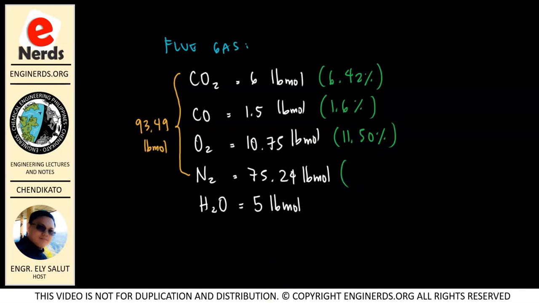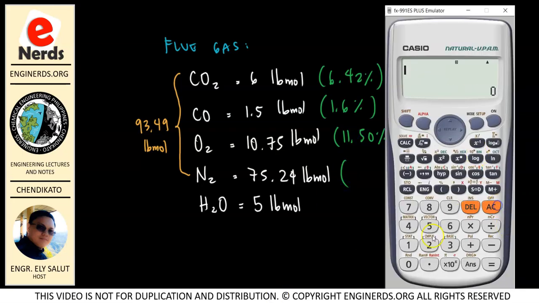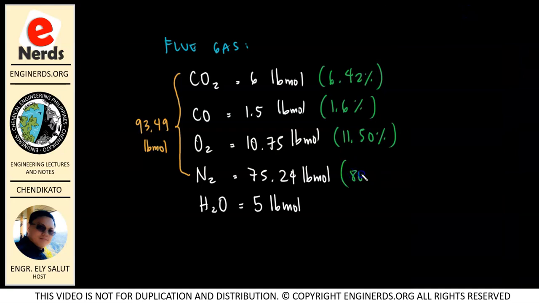And then, para sa ating N2, we have 75.24 divided by 93.49 times 100 is equal to 80.48%. Okay? So, this is our flue gas ORSAT analysis.